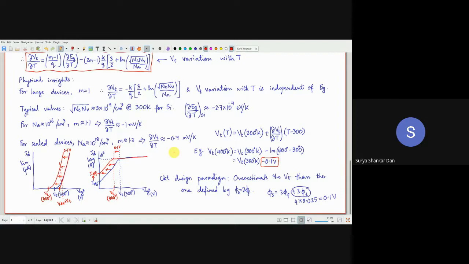But there are two kinds of scaling. One is constant field scaling, the other is constant voltage scaling. We will look into which one is preferred and which is not. In constant voltage scaling, VDD remains the same, but you are scaling the technology. What is the problem with that? That was the initial approach to scaling, 50, 60 years ago.